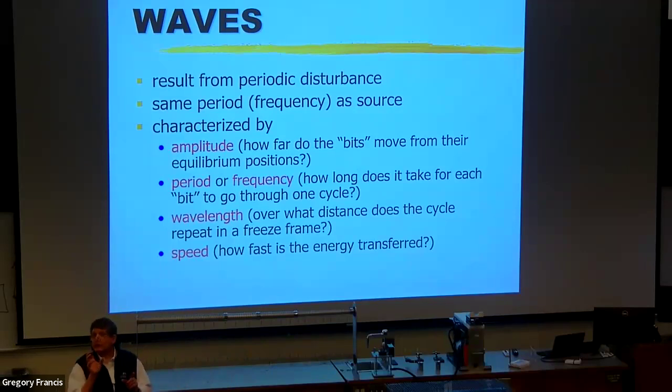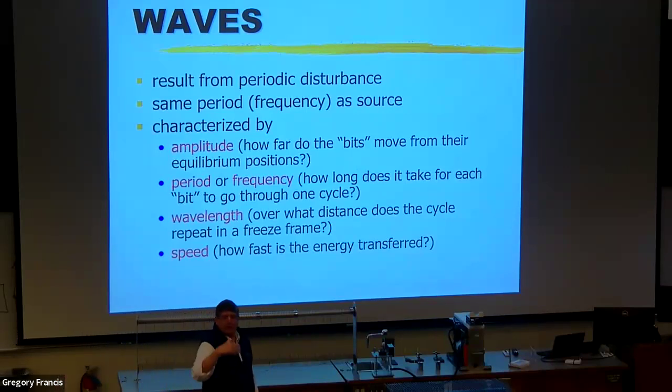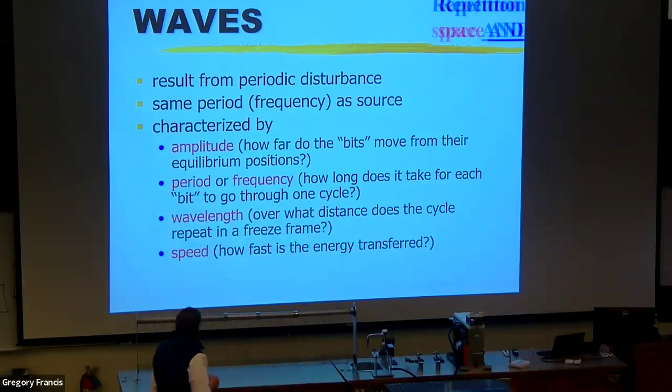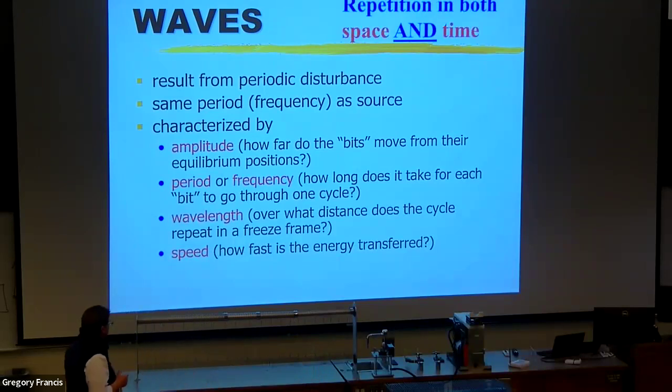Ha! That would be a single pulse of sound. Ah, that would be a wave. That would be a lot of disturbances. Your eardrum was offended many times. Okay, not just once. But the speed of both of those would be 343 meters per second, the speed of sound. Now, it's a repetition in both space and time.